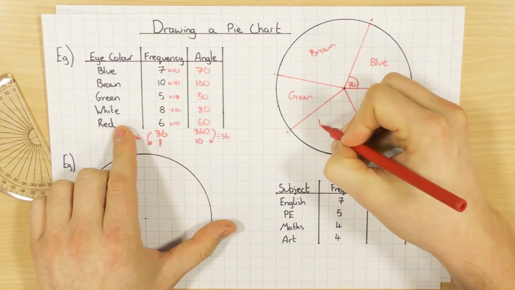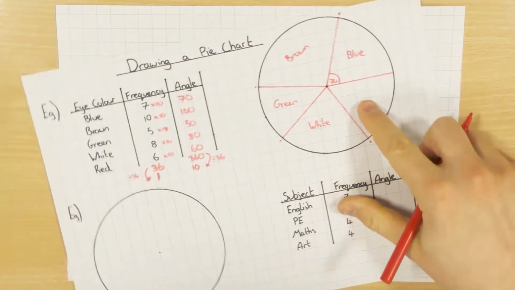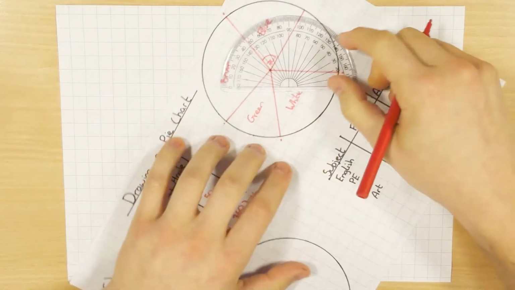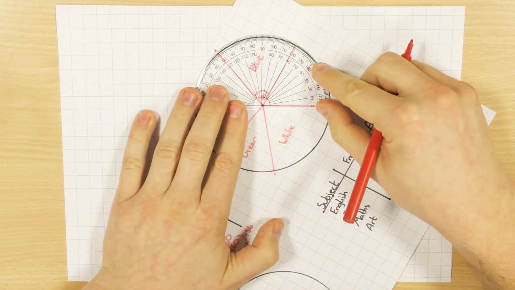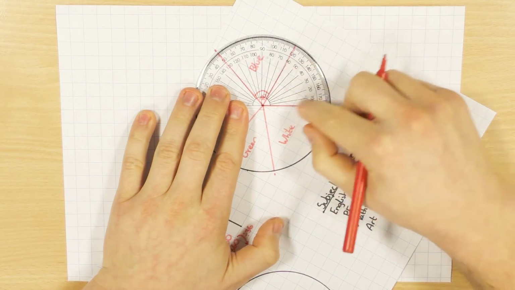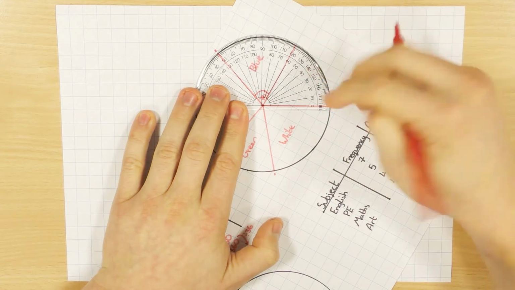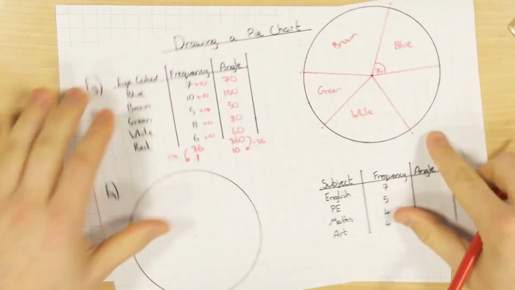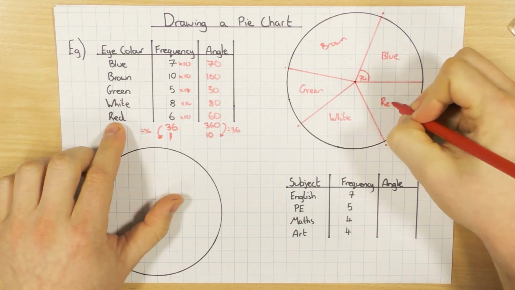So let's put that in, white. And the last one here should be 60 degrees, so you can check it. And as you can see, 60 degrees. Obviously with a fine pencil, you probably could be a little bit more accurate than it'd be me with the felt tip pen, but as you can see, that's 60 there, and that was red.